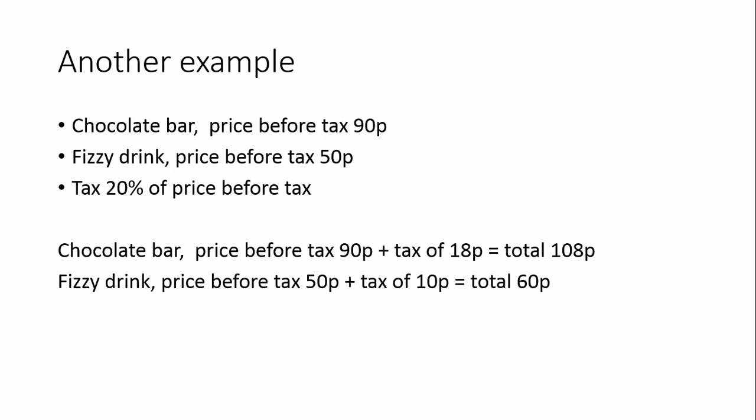In fact, the 18p and 10p, that's calculated, but it's calculated from the global variable, which is multiply the local variable by 20%. So we have a global variable of the tax affecting the local variables for both the chocolate bar and fizzy drink. And that is local and global variables.